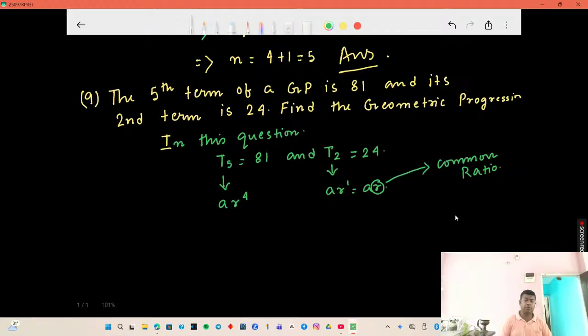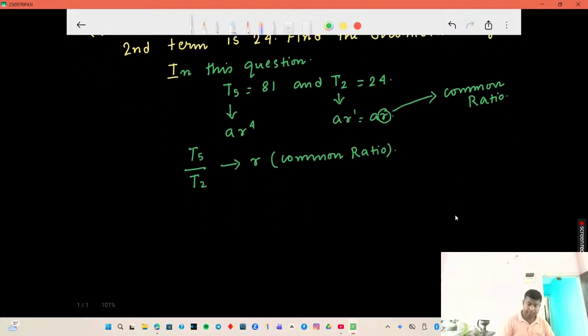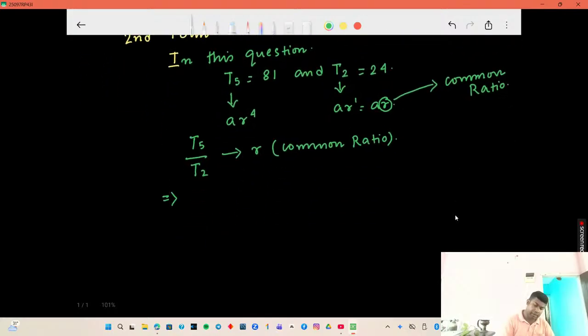So now we will just divide T5 by T2 in order to find the value of small r, that is the common ratio. So now A into r to the power 4 by A into r to the power 1 is equal to 81 by 24.